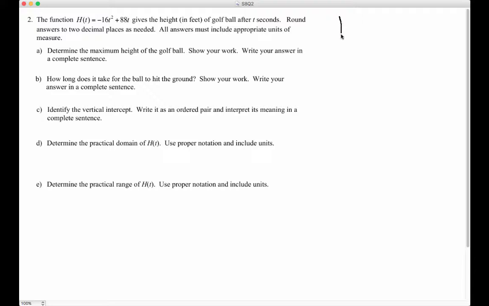If we were to just hack out a rough sketch of this, we know that at time 0, not off the ground yet, we're going to come up and we're going to come back down, where the vertical axis in this case represents height and the horizontal axis represents time, which is in seconds and this is in feet.